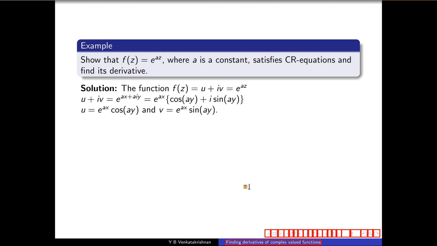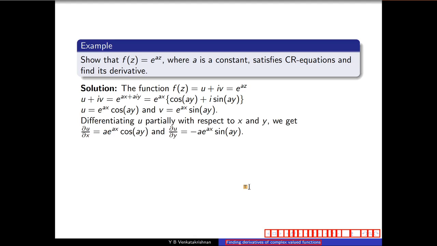I separate e power a z into real and imaginary parts by using e power i theta is equal to cos theta plus i sin theta, De Moivre's representation of a complex number. So the real part of f of z is equal to e power a z is e power ax into cos ay, and the imaginary part is e power ax into sin ay.